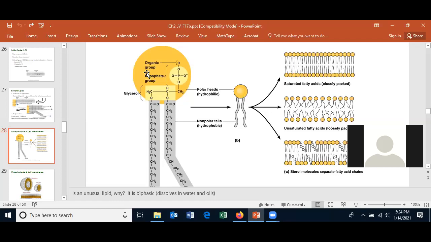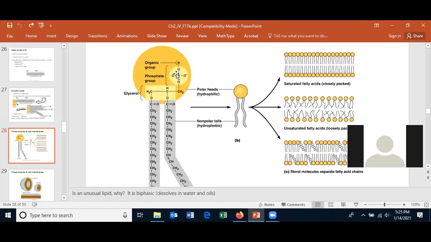But the head has a phosphate group on it, which is polar. And not only is it polar, this phosphate group has an electrical charge on it, so it's actually ionic. It's also polar a little bit from the glycerol molecule right here, and perhaps from the organic group, which is just abbreviated here as an R. Okay, so this polar group can dissolve in water.